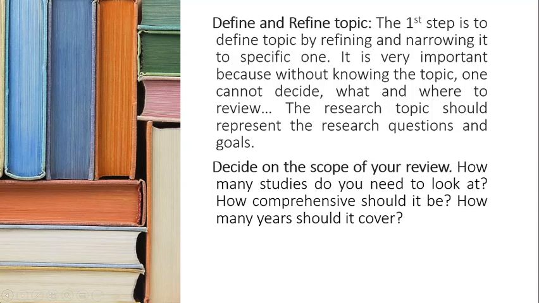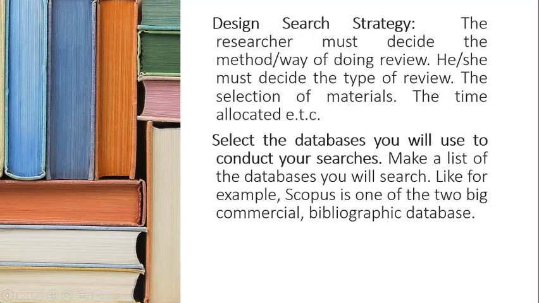So you must have the answer to the questions like how many studies do you need to look at, how comprehensive should it be, and how many years it should cover, and other similar questions that can define the scope of the literature which you are going to review.